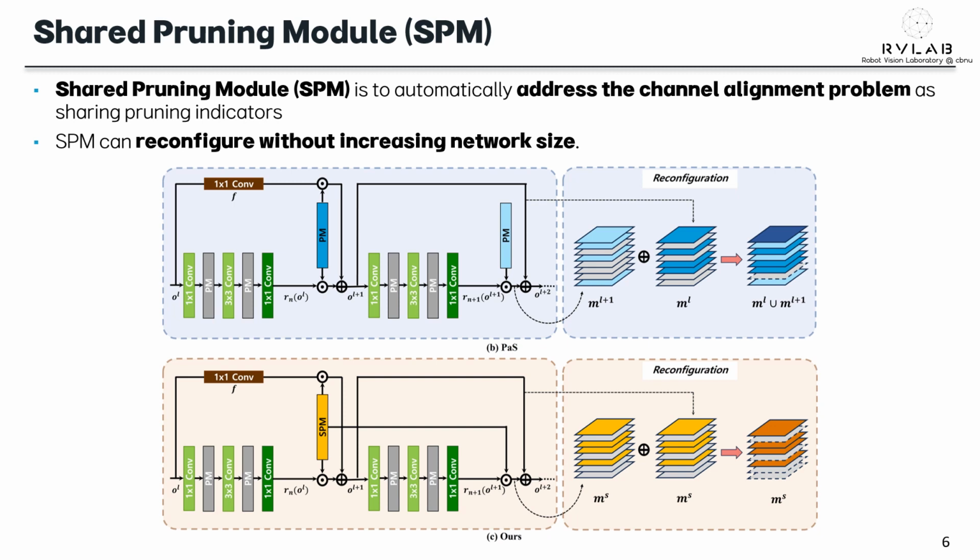Therefore, as you can see in part C, we solve this problem by introducing a shared pruning module for the layers involved in shortcut connection. This enables performance to be maintained and prevents increasing network size during the reconfiguration process without using the channel union technique.